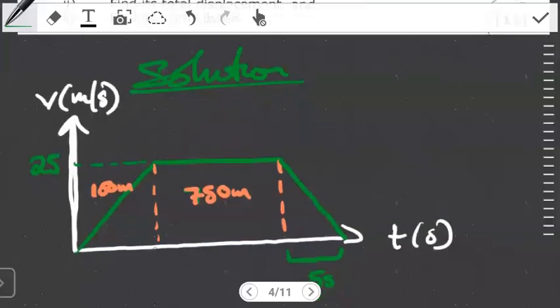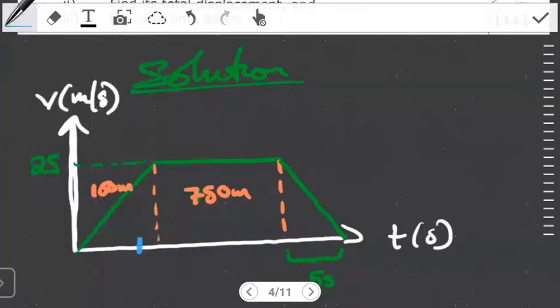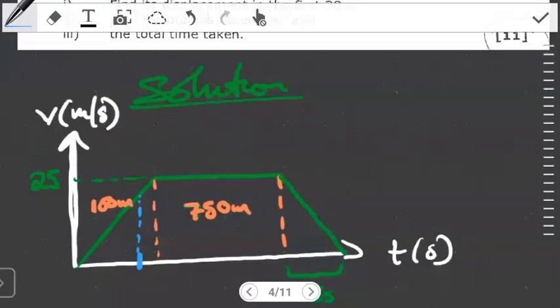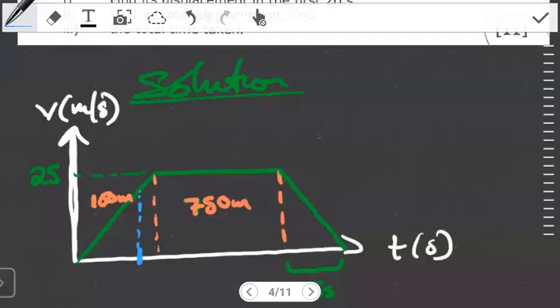If 20 seconds is achieved before the velocity becomes constant, before reaching the 25, let's say we achieved 20 seconds here, it would mean that we are within the right angled triangle. Meaning when they're saying find its displacement in the first 20 seconds, we use the area of a triangle because the time will be 20 here, the height will be whatever that is, the distance will be 100.